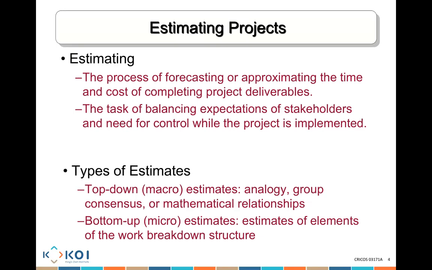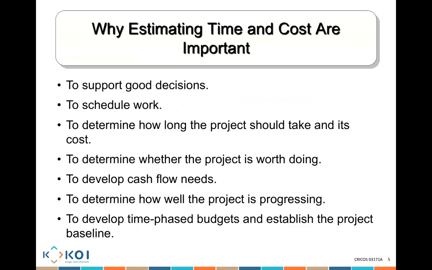So you have a high-level top-down estimate, and you have a more detailed bottom-up estimate, which estimates every single potential activity in that specific project. For each of these estimating methods, whether top-down or bottom-up, there are various methods for estimation, which I'll talk about very shortly.